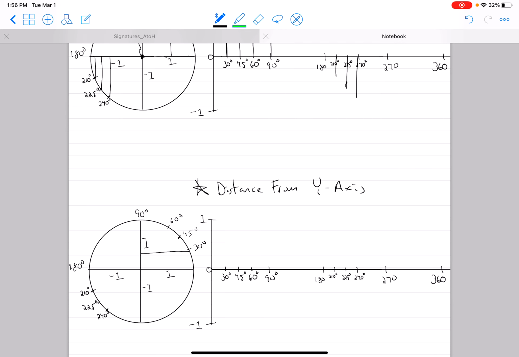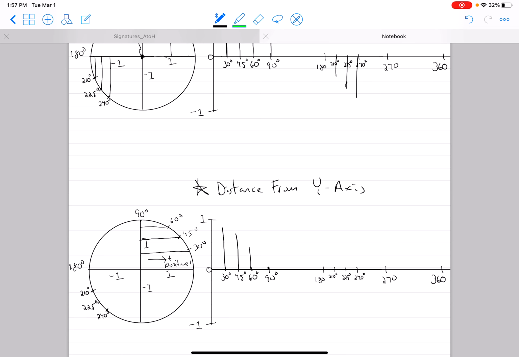So whatever the length of that is, which looks like it's pretty close to 1, is like there. 45 gets a little bit shorter. Maybe it's there. 60 even gets a little bit shorter. Maybe it's there. And 90, the distance from the y-axis, isn't really anything. And notice these are all moving in the positive direction.